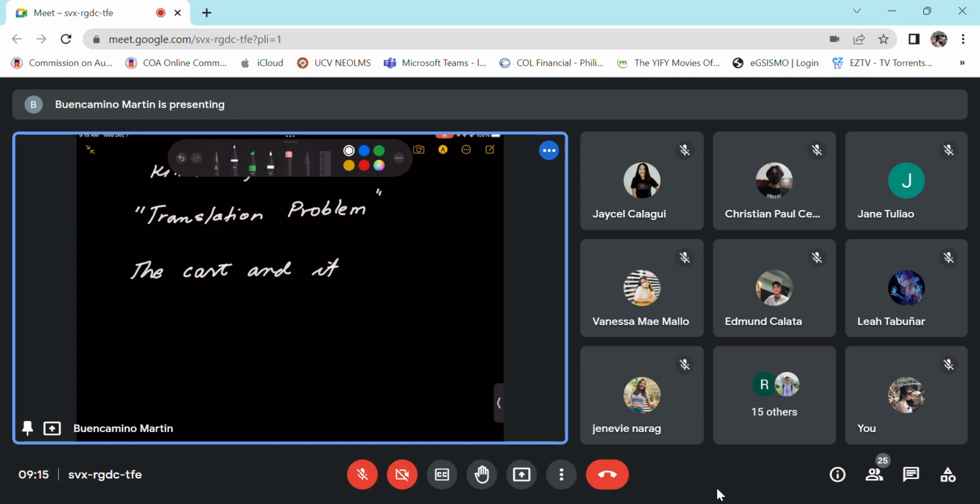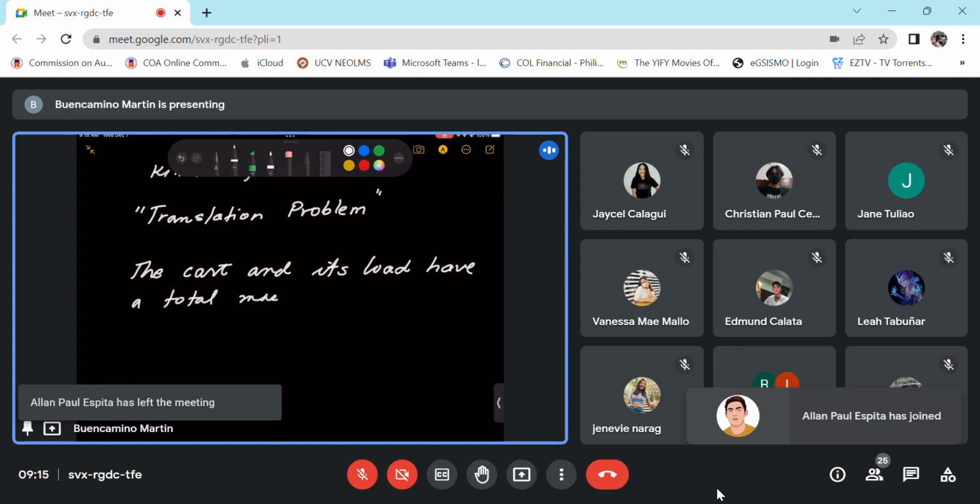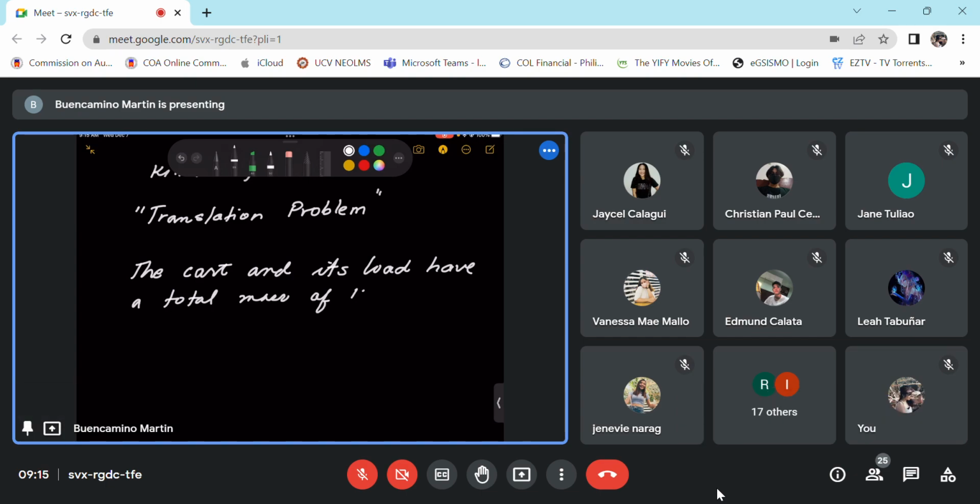And it's the total mass of, say, 1,100 kilograms. Then we're going to calculate the acceleration of the sun.